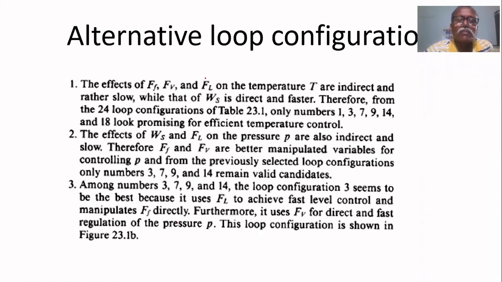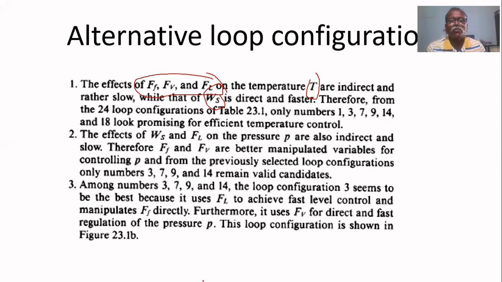Similarly, for FL also temperature will change. But all these three have an indirect effect on T, not a direct effect. WS, the steam mass flow rate, is the direct, fast effect. It injects energy into the flash drum immediately. That's why WS has to be used for T.